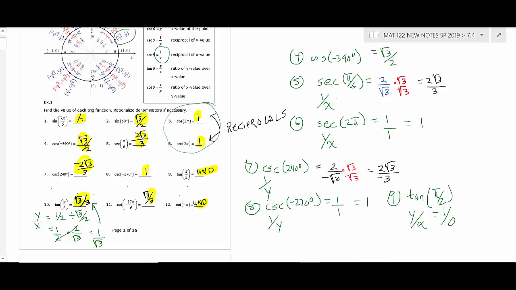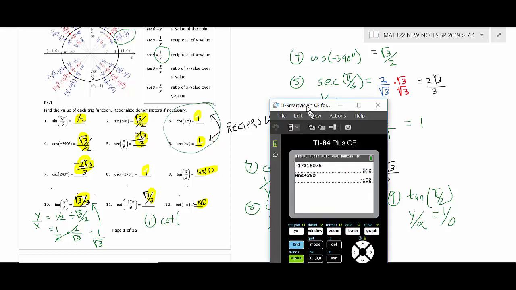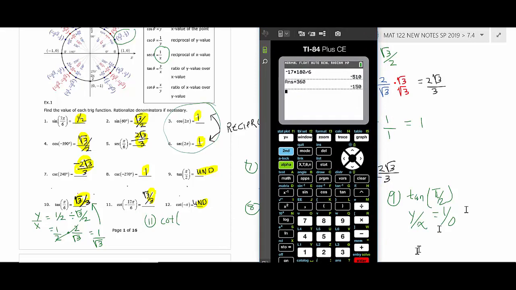Okay. All right, the next one, it's kind of helpful on number 11 to do some of this one on the calculator. So what I'm going to do is we need to figure out where that angle is. So remember, the way that you can do this is pi is 180 degrees, so I'm going to go negative 17 times 180 degrees, which is pi, and then I'm going to divide that by 6.